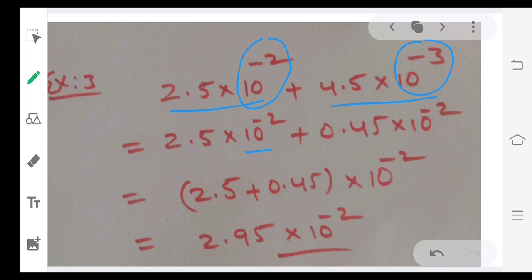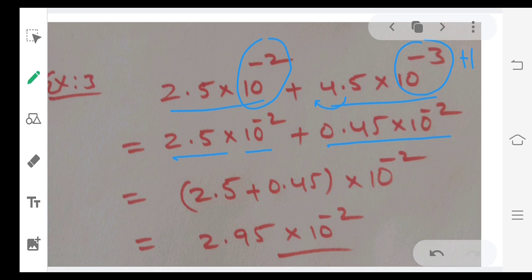If you move the decimal point towards the left, then you have to add 1 unit to the power. So minus 3 plus 1 becomes minus 2. So 0.45 into 10 power minus 2.